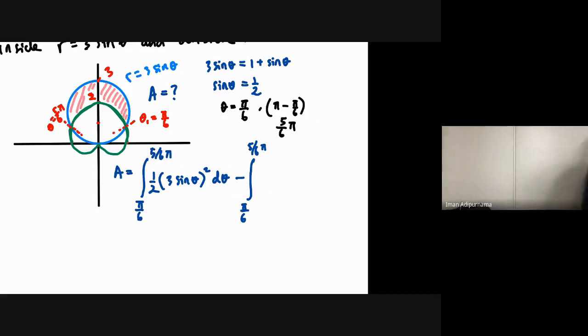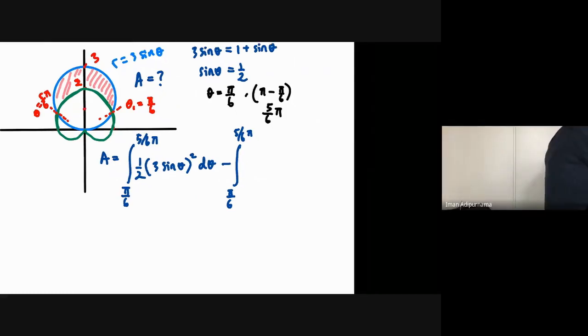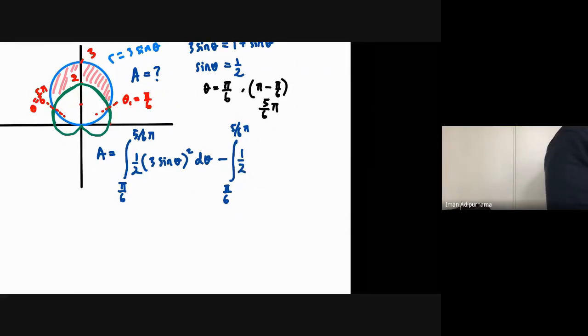But anyway, I'm just writing all of this so that you can see the steps. And then the curve is 1 plus sine theta squared, d theta.